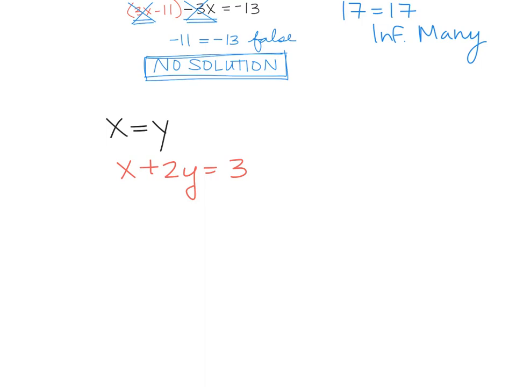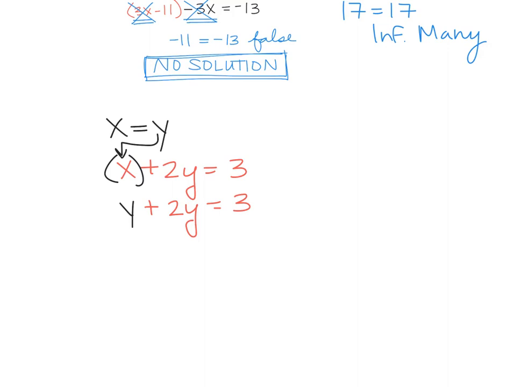It's already isolated. There's two that are isolated, right? Because if x equals y, you can plug in for x or you can plug in for y. So let's say we're going to plug in for this x. X equals y, so we can put y in place of that x. So it would be y, and then finish off your equation, plus 2y equals 3.